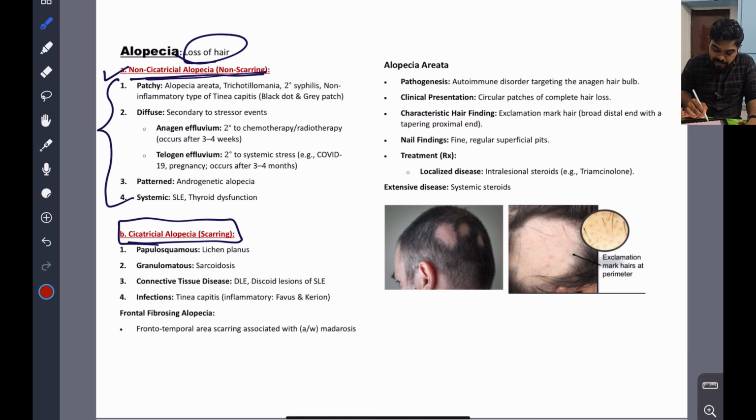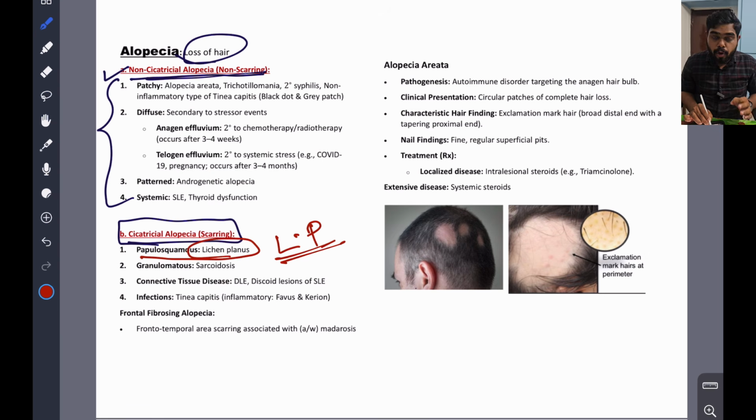In cicatricial alopecia, it is associated with papulosquamous disorder like lichen planus, granulomatous disease like sarcoidosis, and connective tissue disease like lupus, discoid lesion of SLE, and DLE. So lichen planus, sarcoidosis and DLE. All these three, and infections we discussed: tinea capitis, inflammatory, favus and kerion.